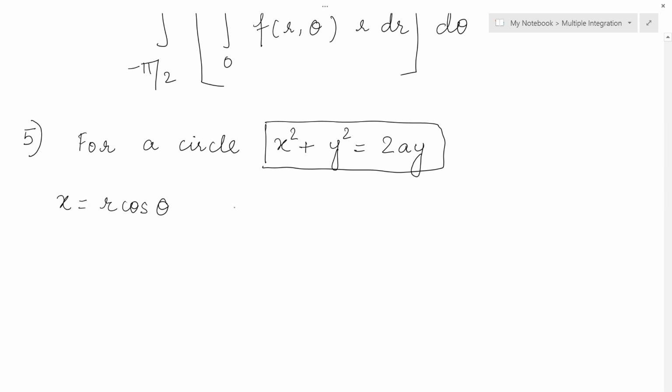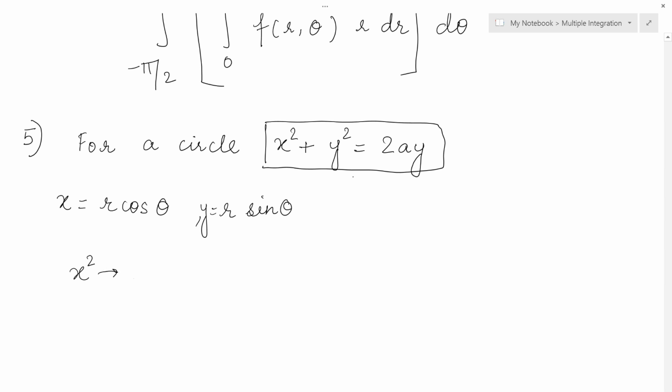So substitute x is equal to r cos theta and y is equal to r sin theta. You will get x square as r square cos square theta. Okay.